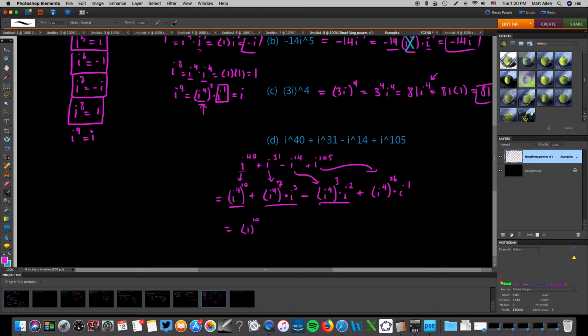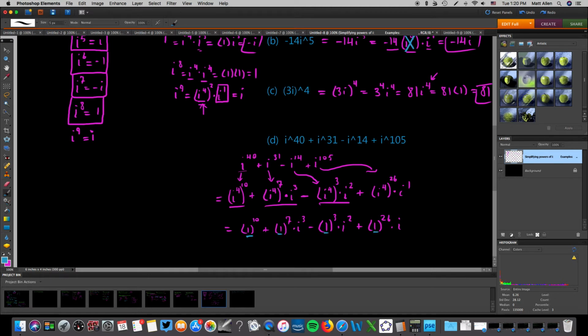So this becomes 1 to the 10th plus 1 to the 7th i cubed minus 1 to the 3rd i squared plus 1 to the 26th times i. I would not normally write it out as I've done, but I do want to show you how I arrive at my conclusions. When you look at 1 to any power, what you really get is 1.